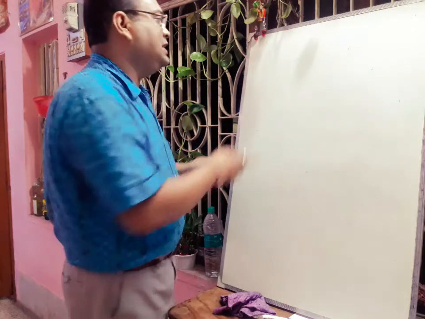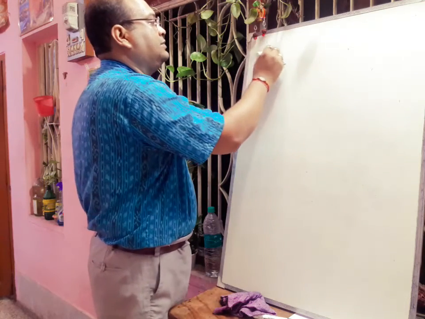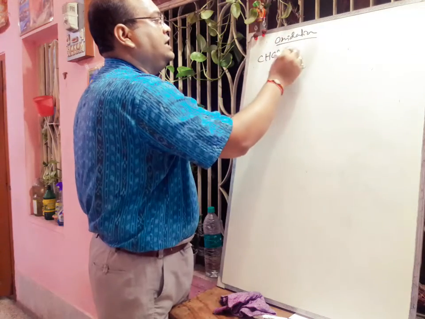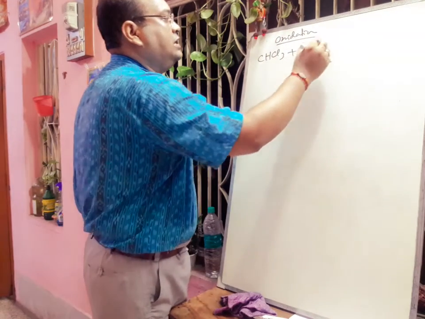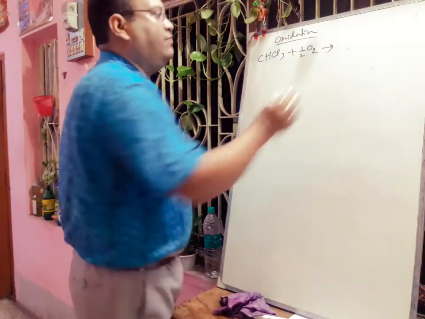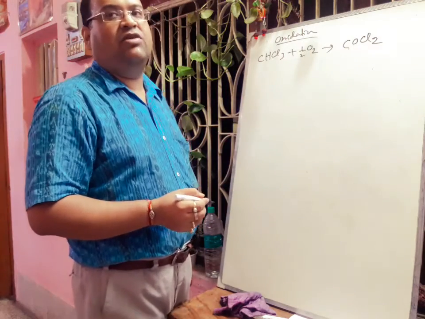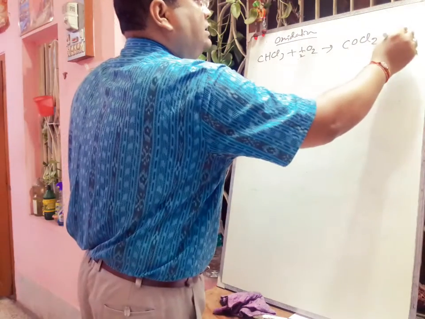So what is the reaction? CHCl3 reacts with air oxygen and forms COCl2, which is very poisonous and is called phosgene, and will produce HCl.